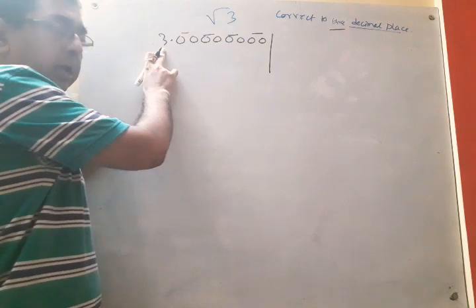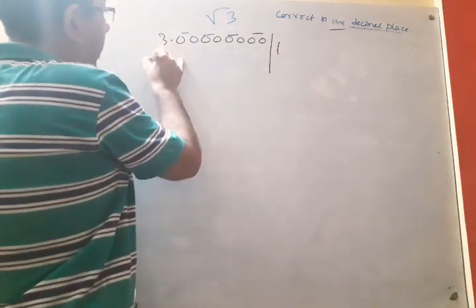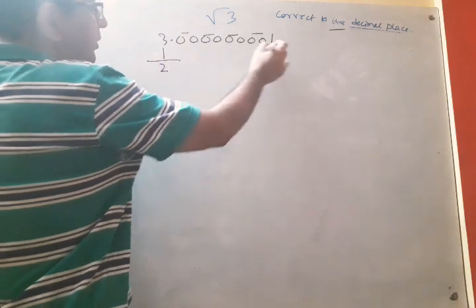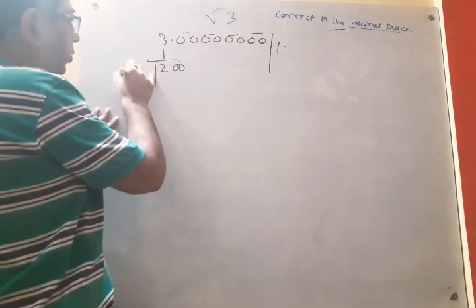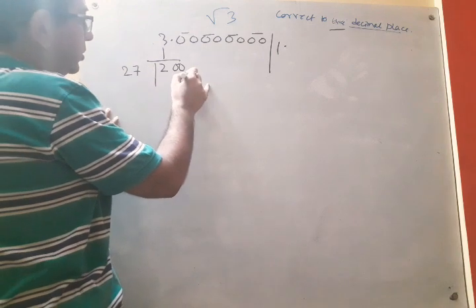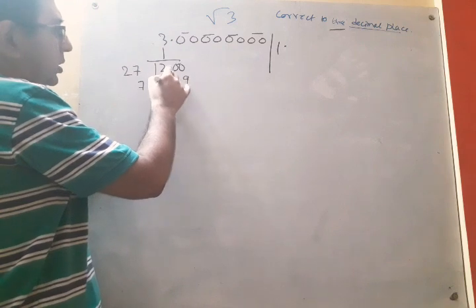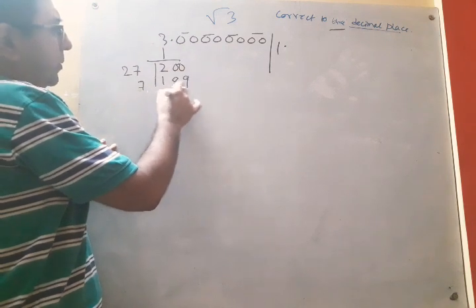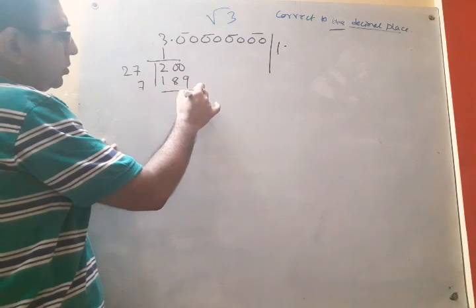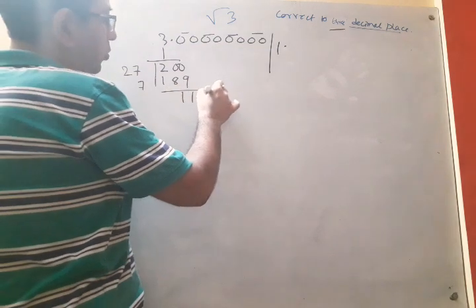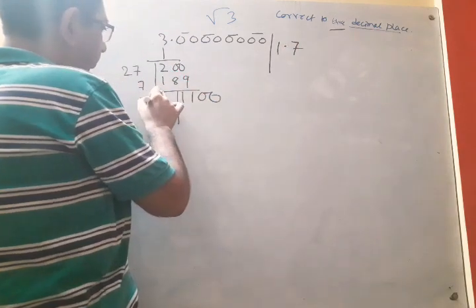What is the square number nearest to 3? That is 1. 1 1 is 1. We get 2. So 0.2 zeros are coming here. 1, 2, 7. 7 multiply by 7. Multiply by 7 we get this one. 11. 2 zeros. 34.